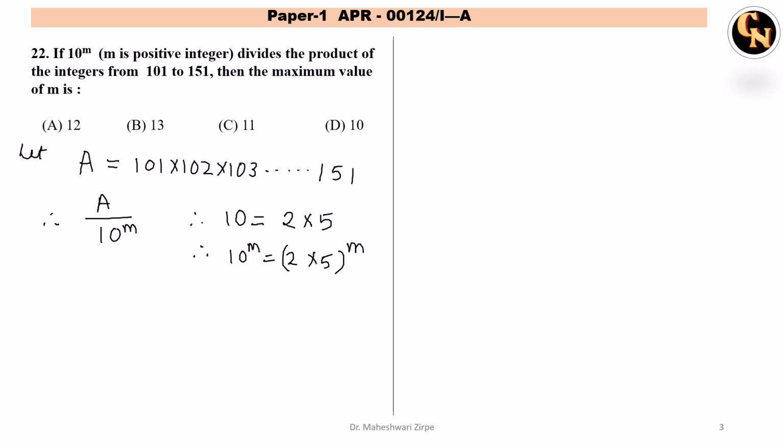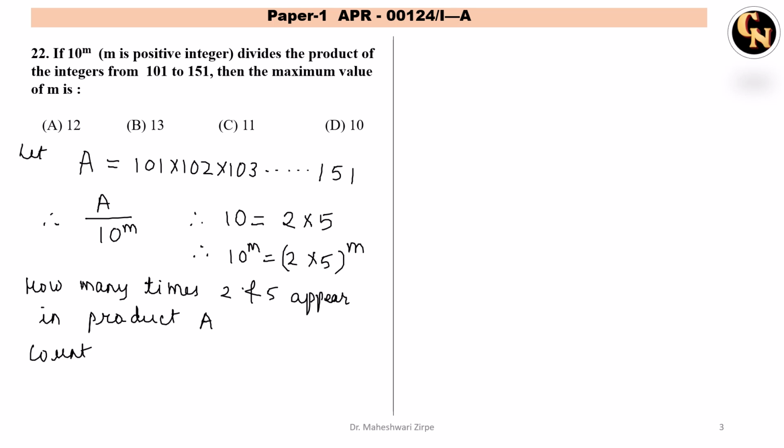So let us find how many times 2 and 5 appear in this product. We'll find how many times 2 and 5 appear in product A. So let us count 2's first.